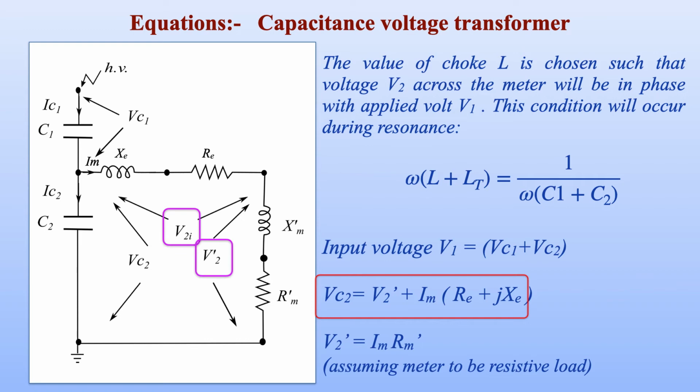So the transformer and the external inductance connected in the circuit, put together, represent Xc, right?